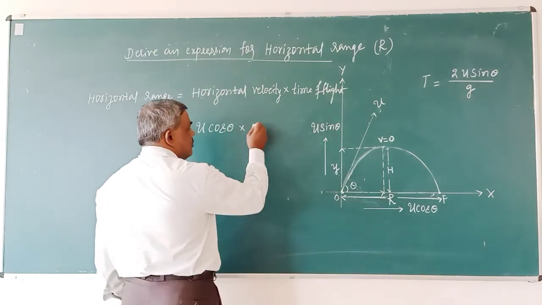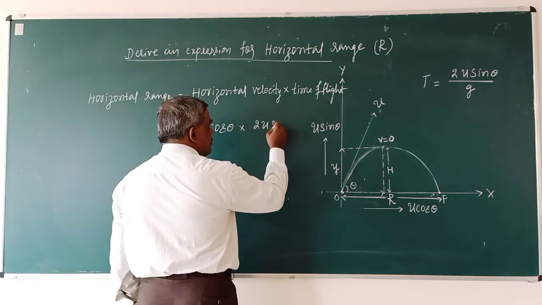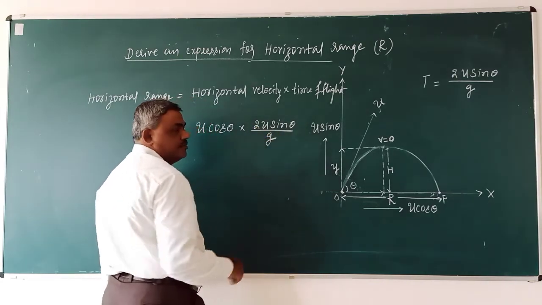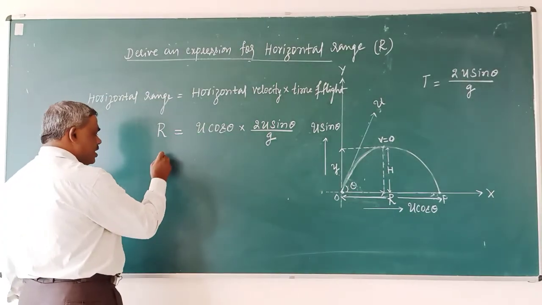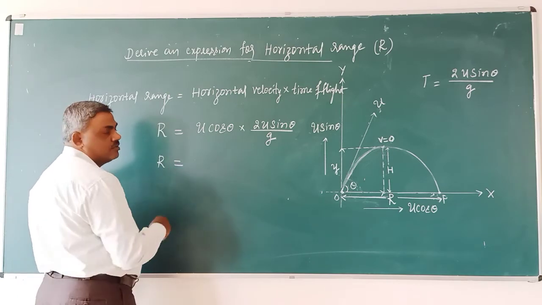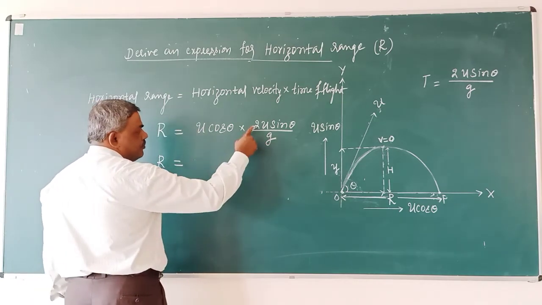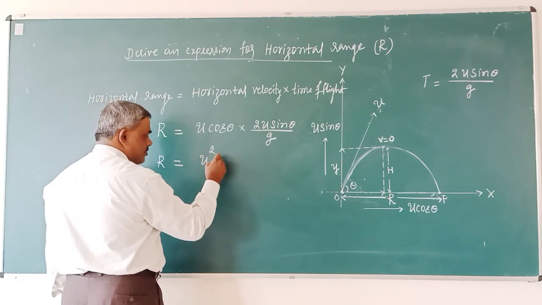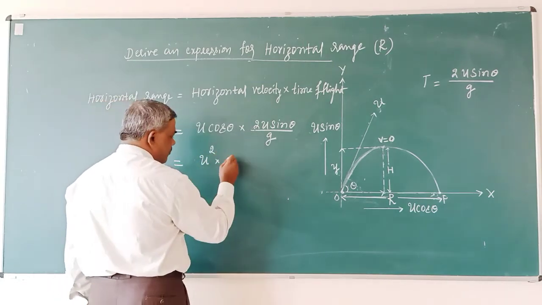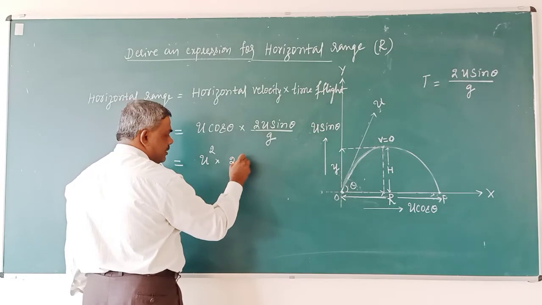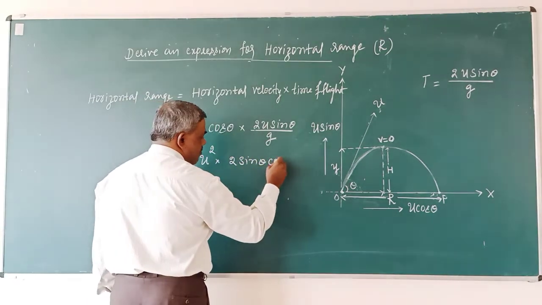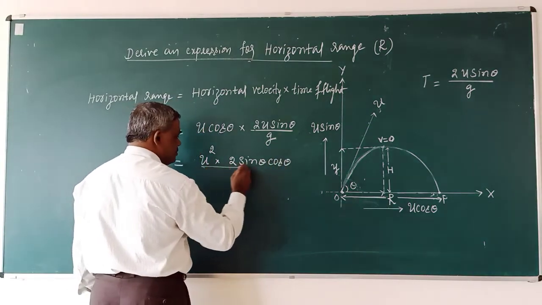So now R equals u into u, u square, into 2, first write sin theta, then cos theta, divided by g.